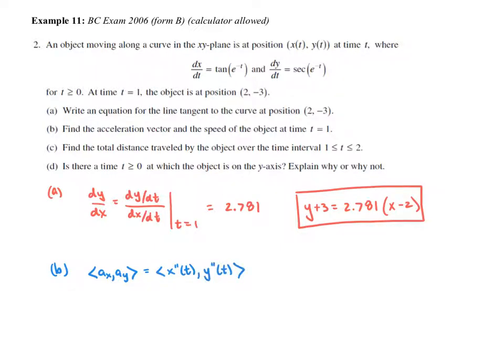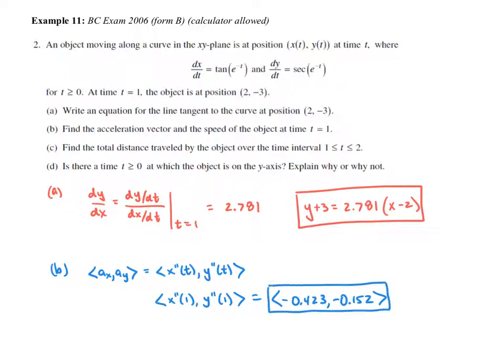We're going to calculate it at 1, so we get x double prime of 1 and y double prime of 1. In our calculator, when you do math 8 to calculate the derivative there, you're going to get -0.423 and -0.152. Again, round to 3 decimal places. That's your acceleration vector.